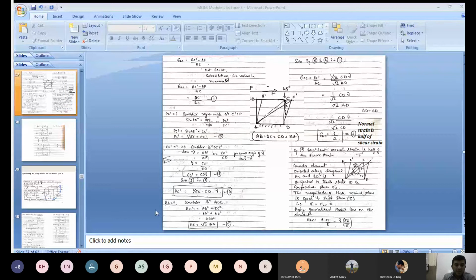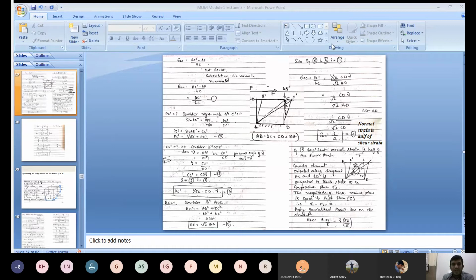Now substitute equation number 4 and 5 into equation number 1. Now epsilon AC is equal to PC dash by AC. What is PC dash? That is equation number 4: 1 over square root 2, CD into gamma, whole divided by AC, which is equation number 5: AC is equal to square root of 2 into AD.